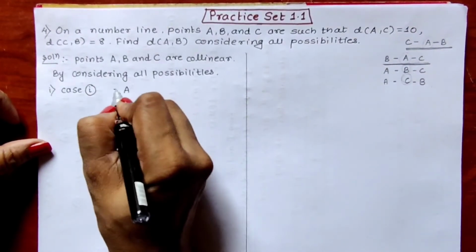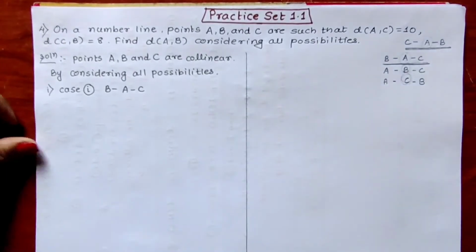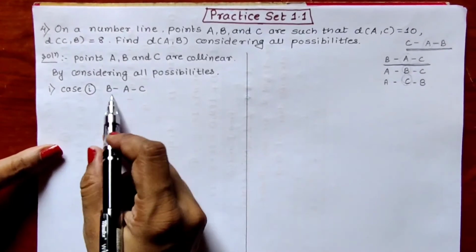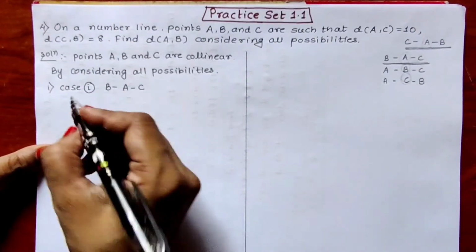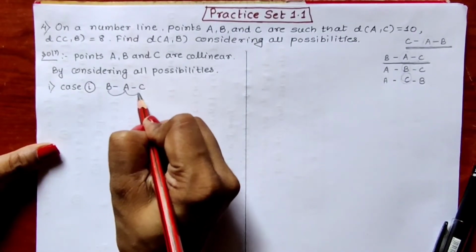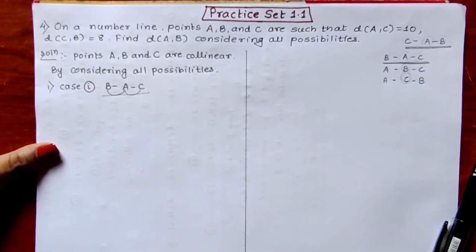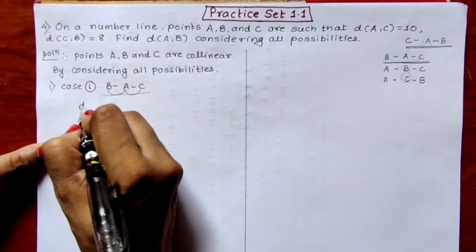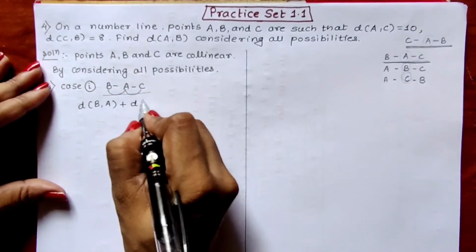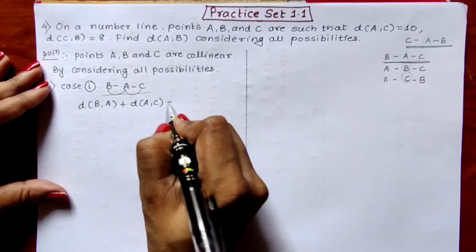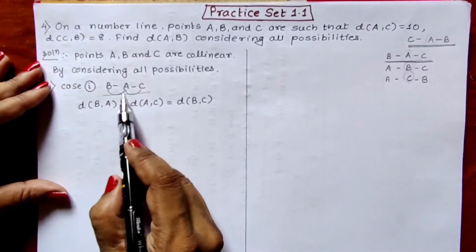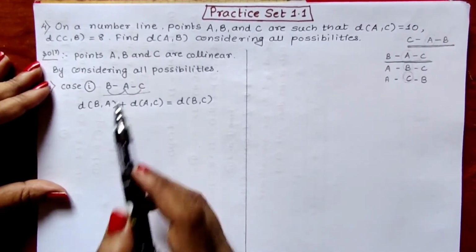A is in between B and C. So when A is in between B and C, that means distance BA plus distance AC will be equal to distance BC. BA plus AC is equal to BC.